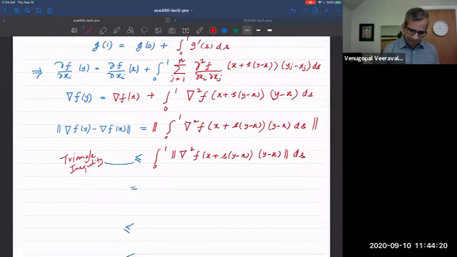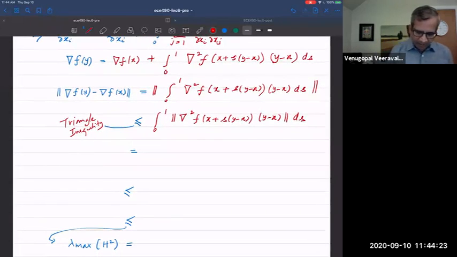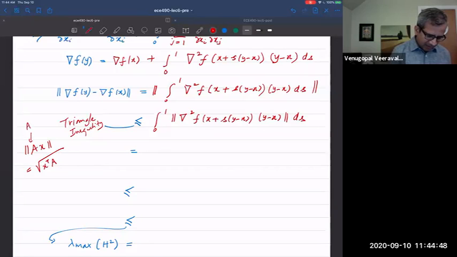All right. But now let's actually expand out this norm. The norm of AX, where A is a matrix, can be written as the square root of X transpose A transpose A X. A is a symmetric matrix, so A transpose is equal to A, so you get the square root of X transpose A squared X, right?